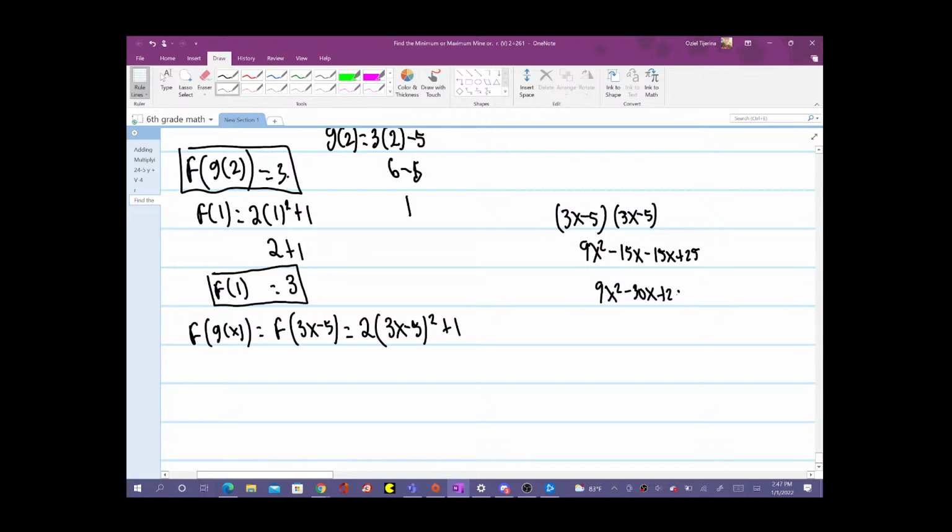Then we have 2 times that plus 1, which is 18x squared minus 60x plus 50 plus 1, so 18x squared minus 60x plus 51. This is f of g of x, okay?